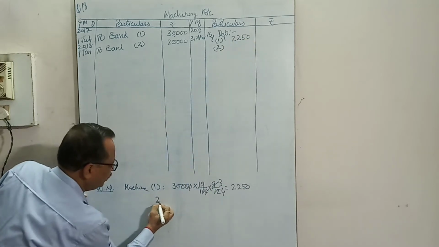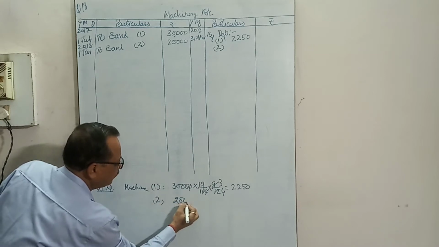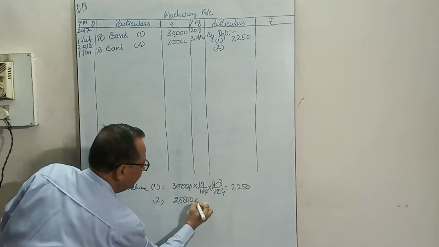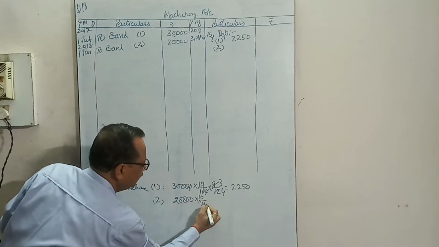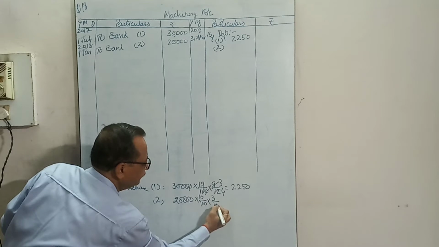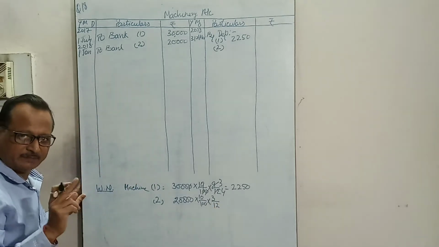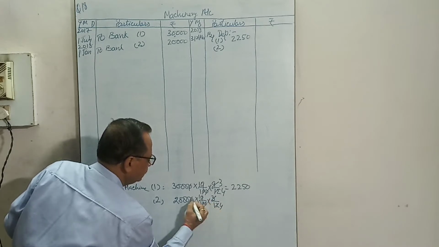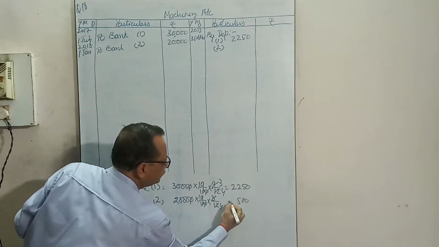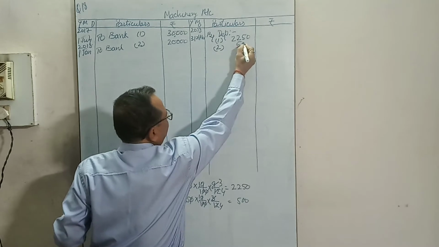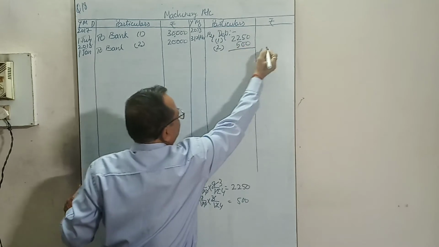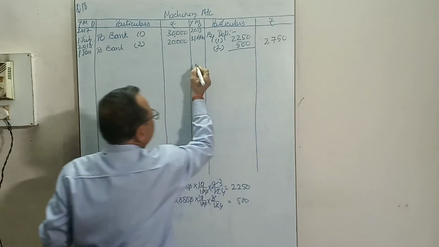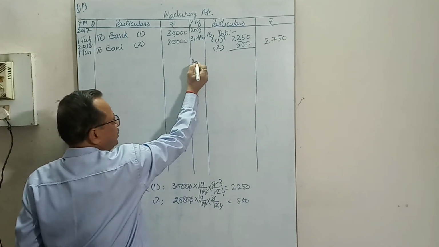And on machine number 2, as it was purchased on 1st January 2018, at the rate of 10% for 3 months only, from 1st January 18 to 31st March 18, this is 500. Total depreciation 2,750.